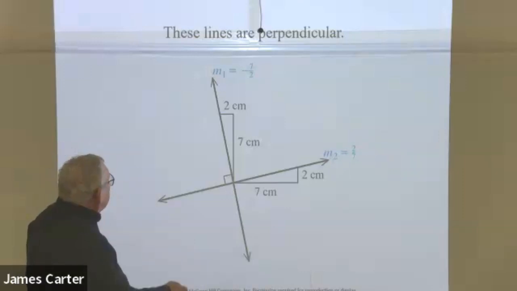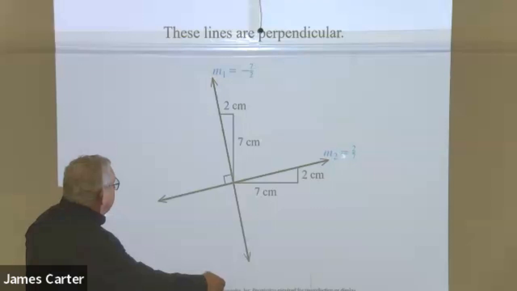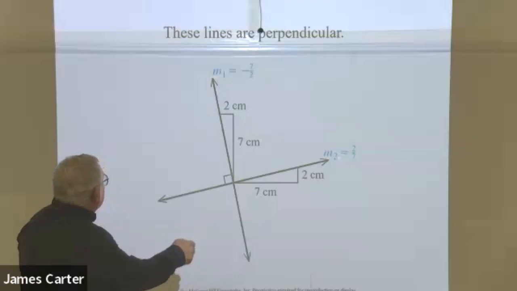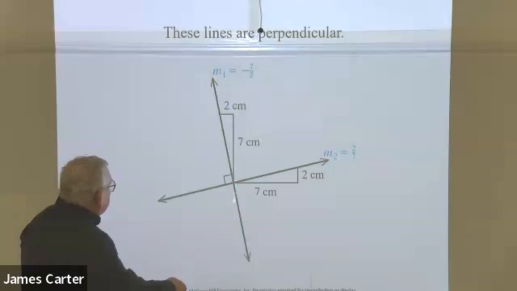On this one, we've changed the sign and we've gotten the reciprocal of the fraction. So these are perpendicular. This one goes up 2/7, up 2/7. This one goes down 7/2, down 7/2.